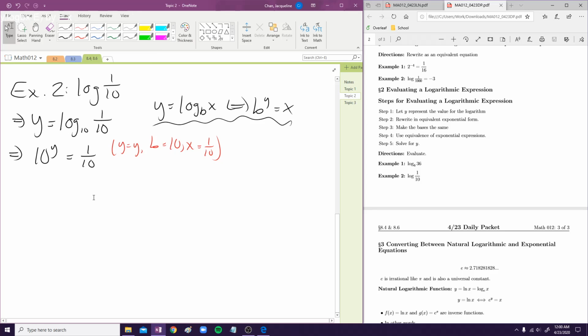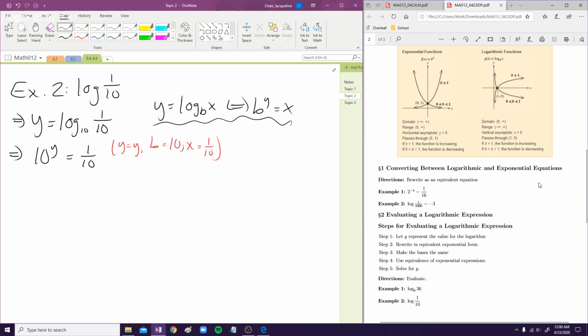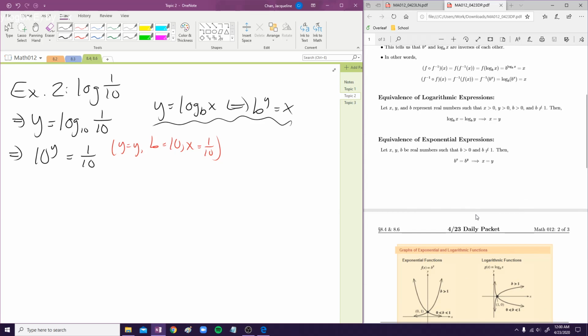So our y is in the exponent. The only way to get it out is by using the equivalent exponential expressions rule. How do I get this to be a common base? I see 10, but the 10 is in the numerator on one side, and on the other side the 10 is in the denominator.